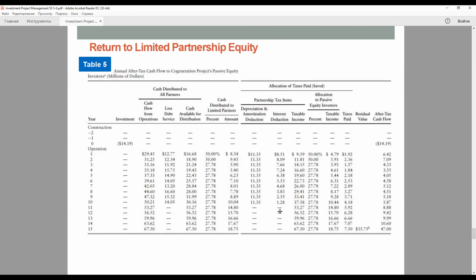It can be argued, however, that the equity investment really occurs at the time the commitment is made. The truly correct approach is not entirely clear because the passive equity investors will not have to fund their commitments unless and until the cogeneration project passes its completion tests.